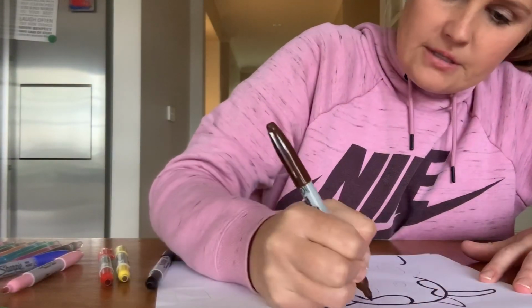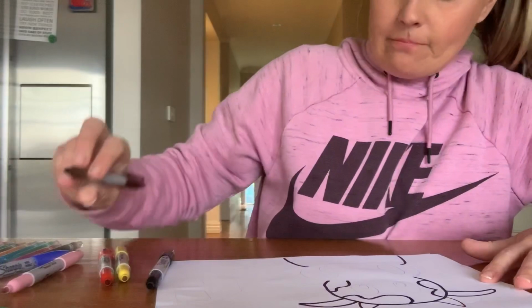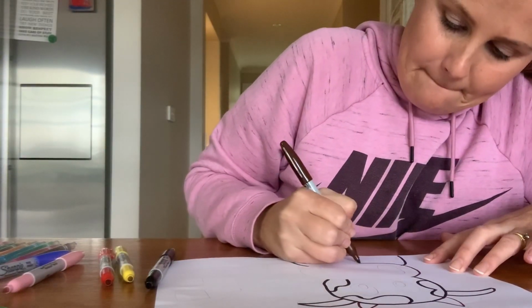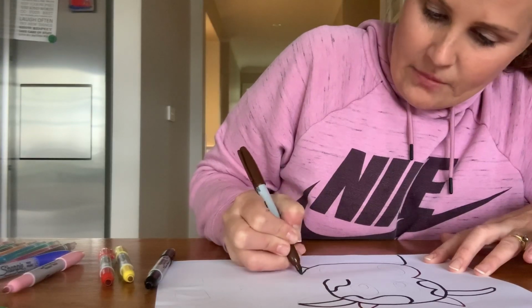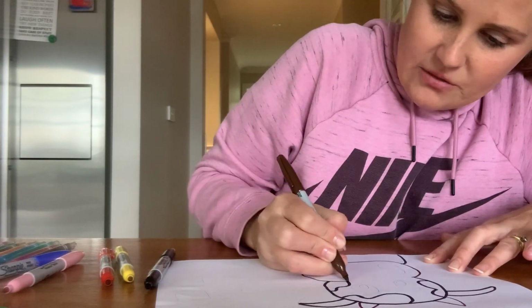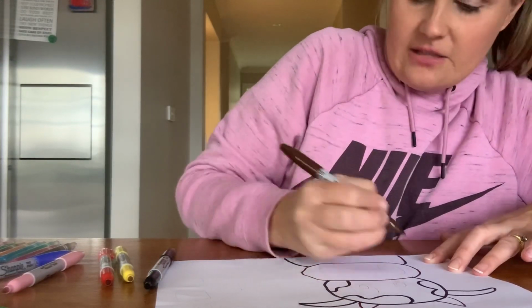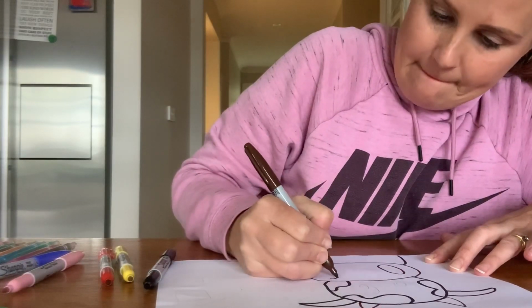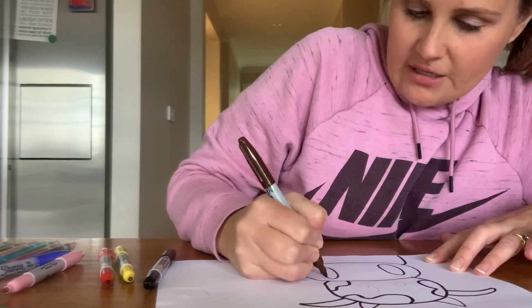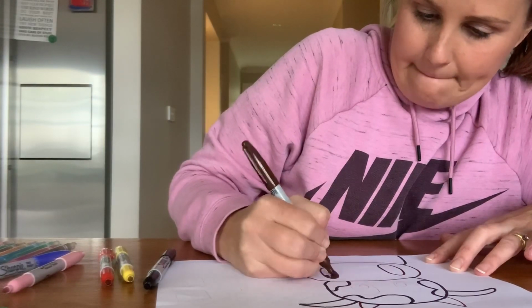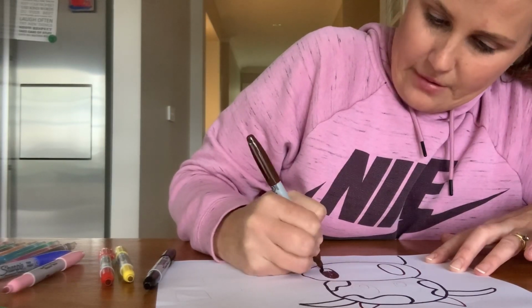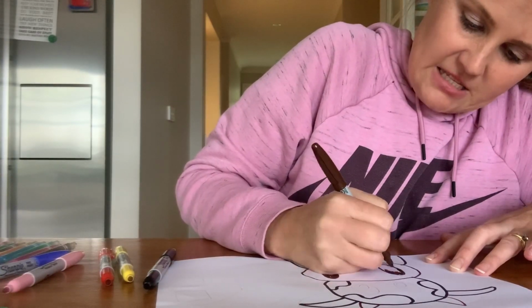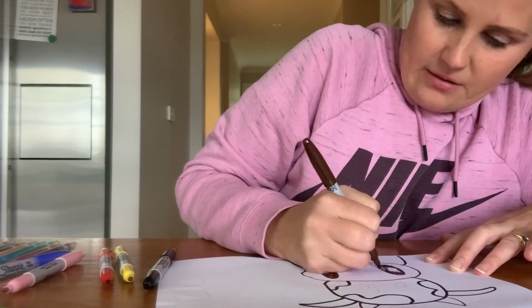Brown horns, brown mouth. I'm using Sharpies, but you can use any kind of texture that you have. That is fine. I'm actually going to colour in this whole mouth part, and then just shade inside the rest with a brown crayon.